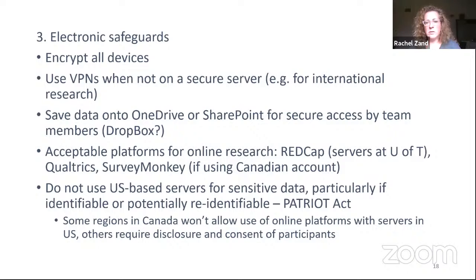We get a lot of questions around Dropbox when more than one institution is involved in the research. And what the REB usually says is that as long as the data are encrypted, they can use Dropbox. I don't know if other people here have different perspectives on whether Dropbox is in fact secure. I would love to hear that.